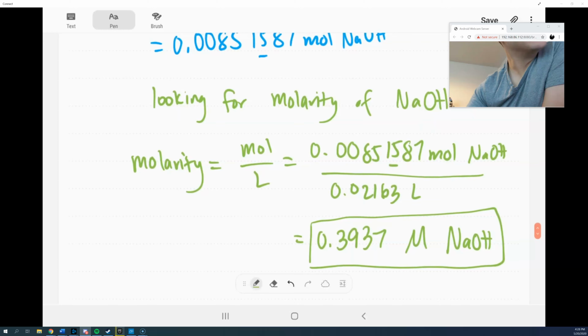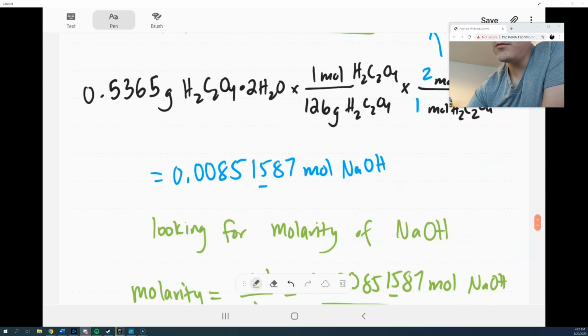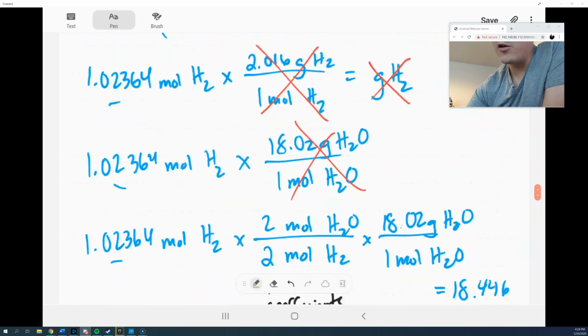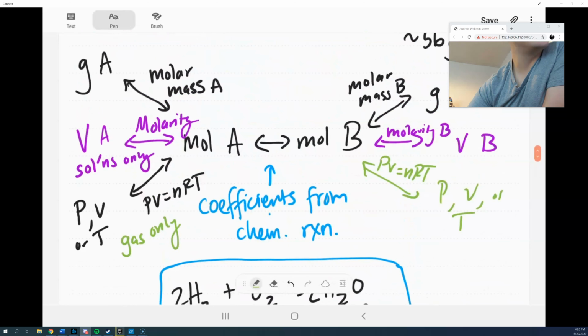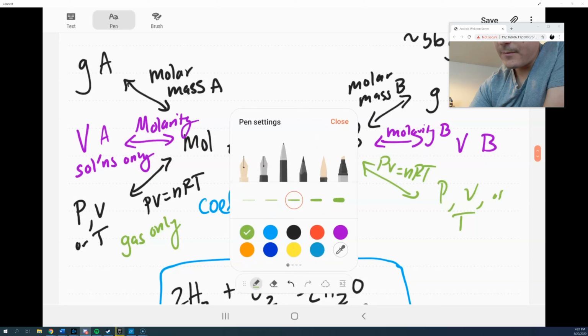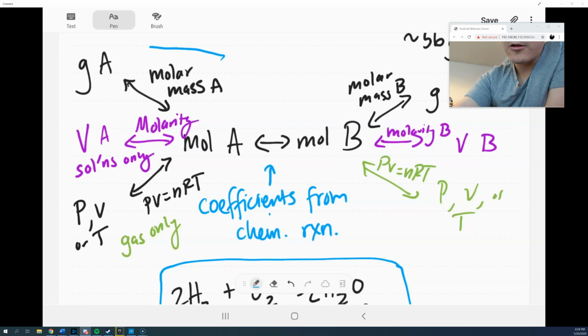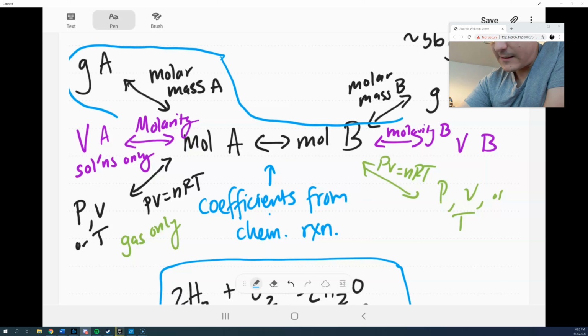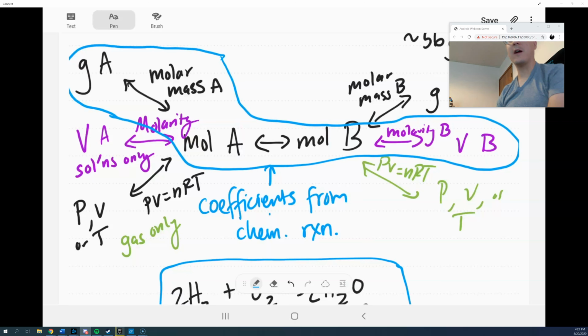So, in this case, if we go way back to our handy-dandy chart, this time let's use blue, we started with grams of A, and in this case, we were doing this particular pathway.